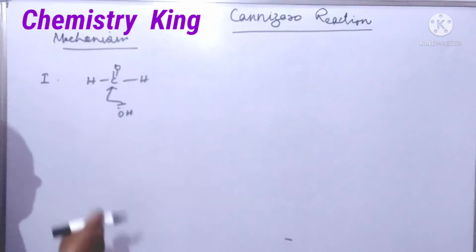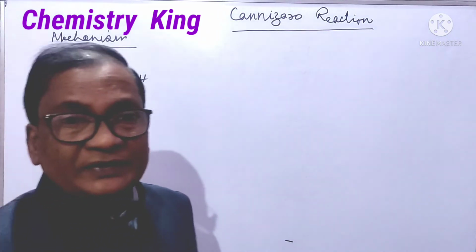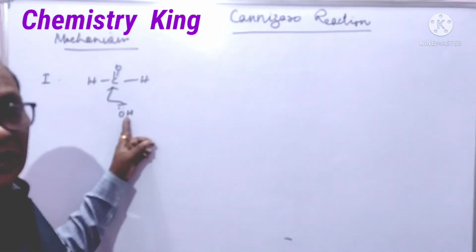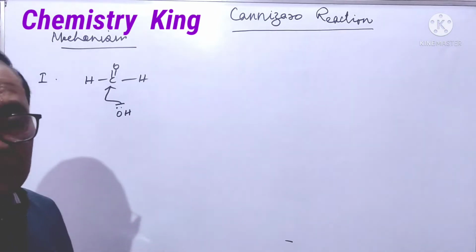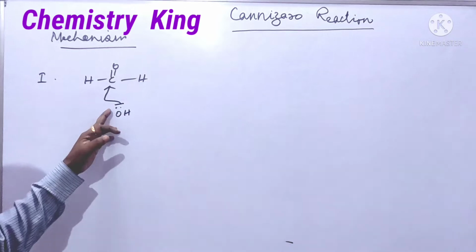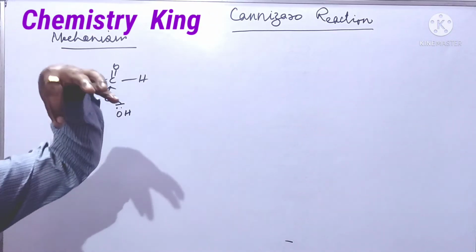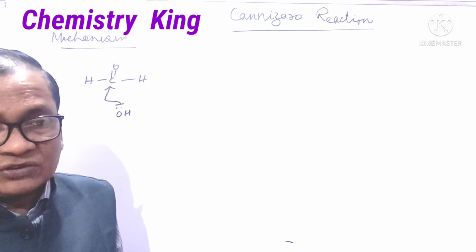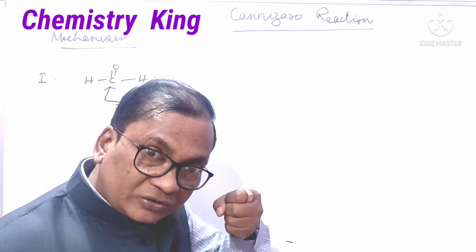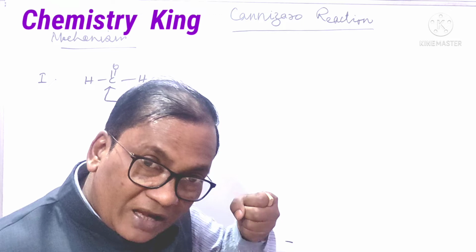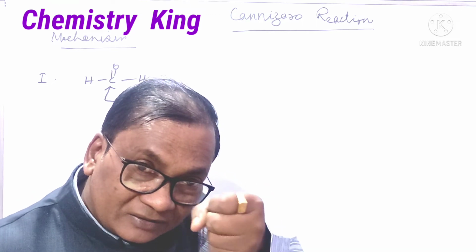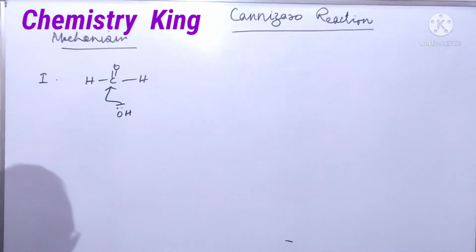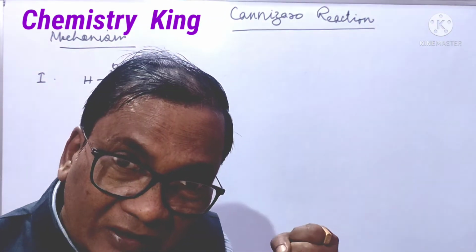So this carbon acquires delta plus charge and the nucleophile will hence attack at this carbon, because a nucleophile always attacks on positive charge, and that's why I say that a nucleophile attacks at the carbonyl carbon.